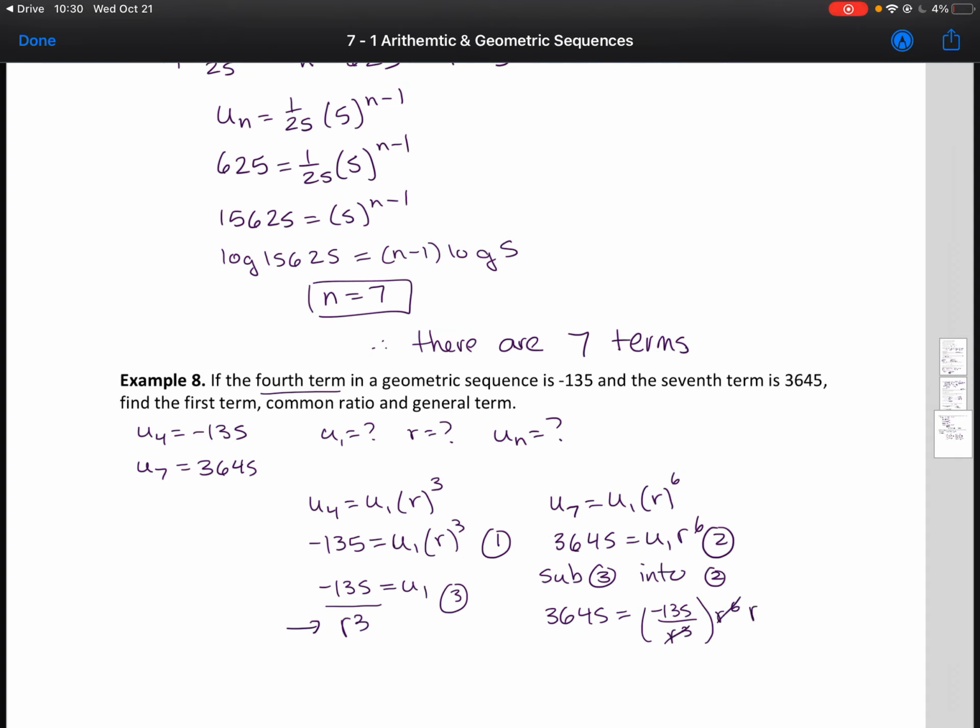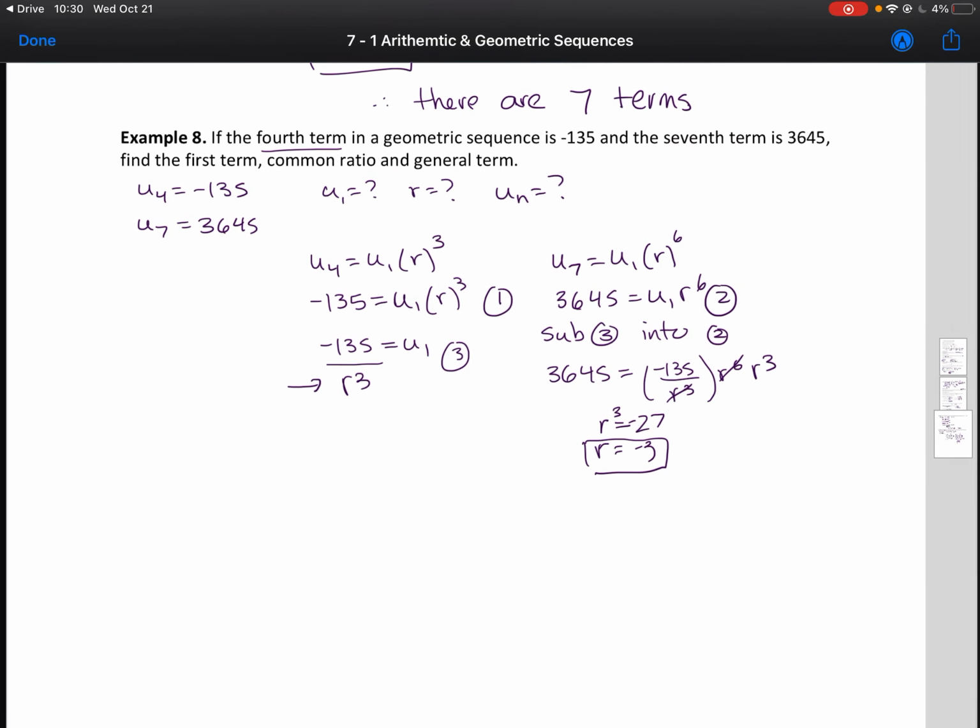That's going to allow me to have an expression only in terms of r. And then it's going to allow me to solve to get that r is equal. So r cubed is 27. And then r is going to be minus 3, making sure that you take the cube root. Then we can substitute our r value back into our third equation here to solve for u1.